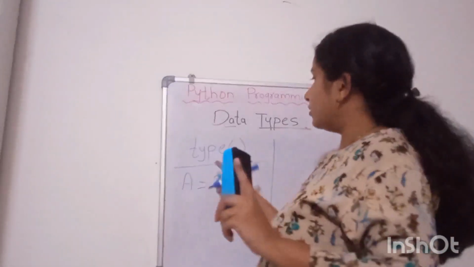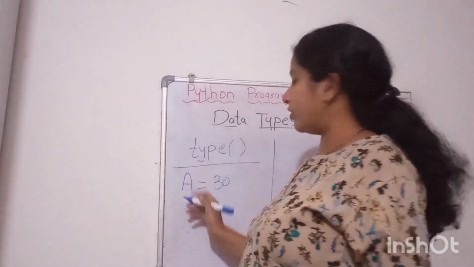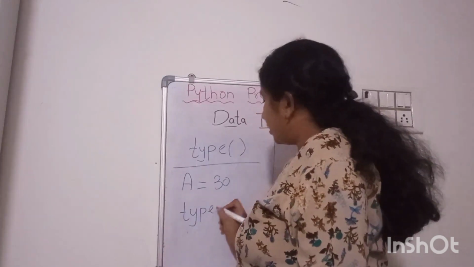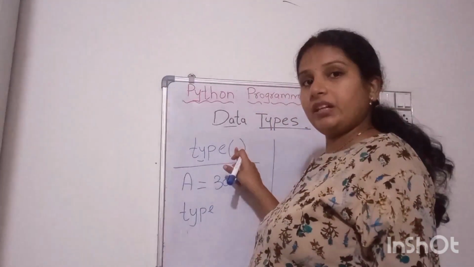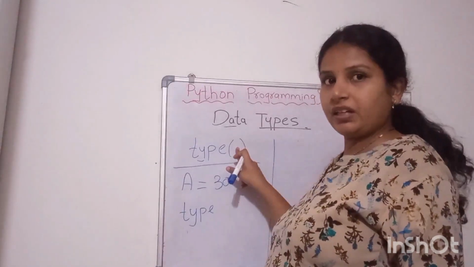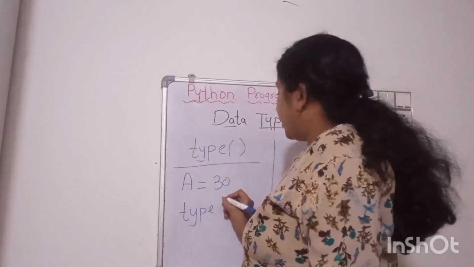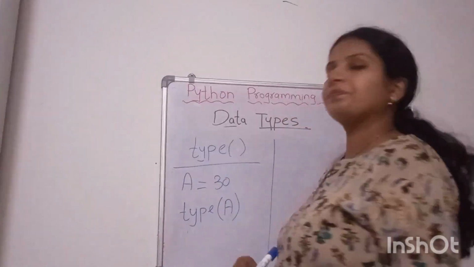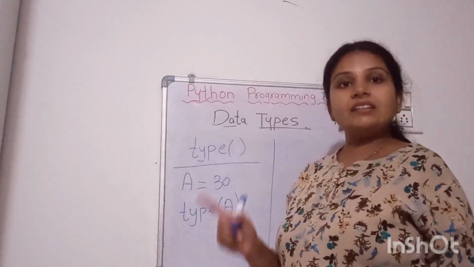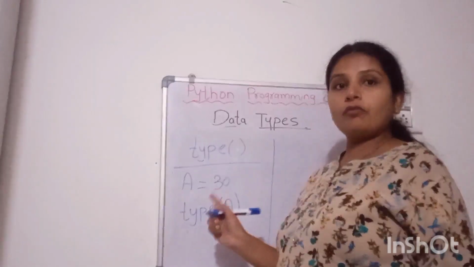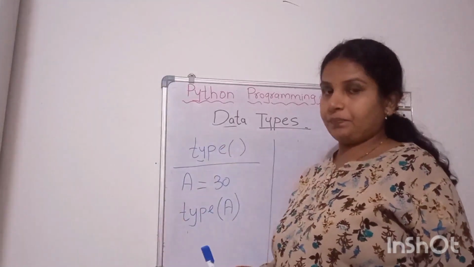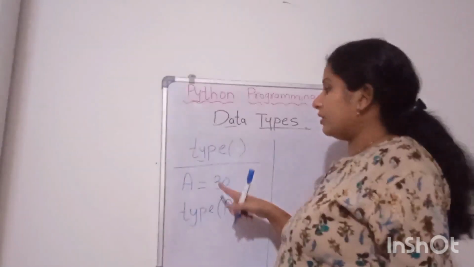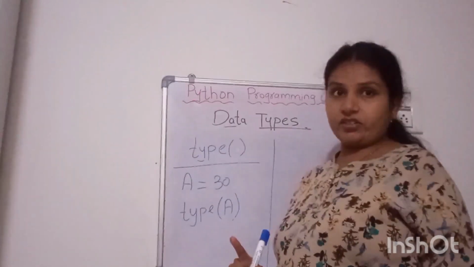The type function is used to know that. So just write type. Here the brackets would not be empty in case of type. In the bracket I need to write the variable of which you want to know the type. So type(a), and I will know that the type of a is integer.